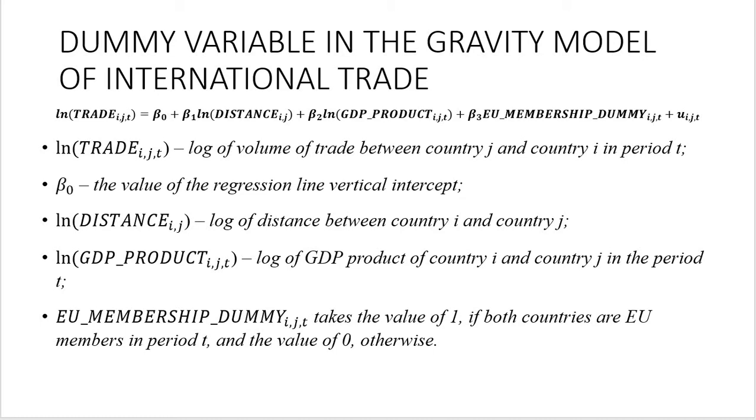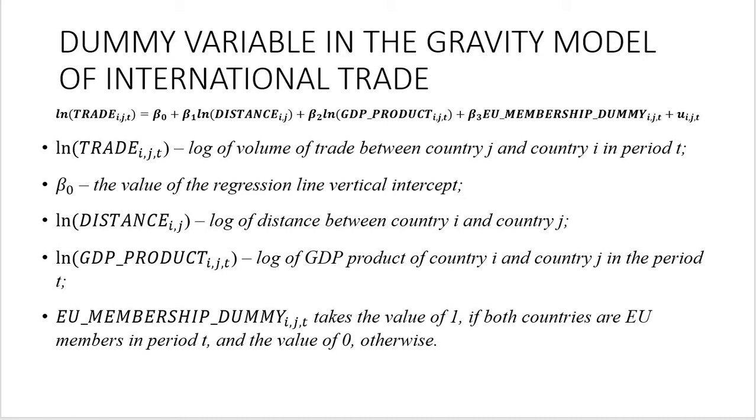So the dependent variable is the natural logarithm of international trade between countries i and j in period t. Beta 0 stands for the value of intercept. In other words, it describes the volume of international trade if other variables are equal to 0.